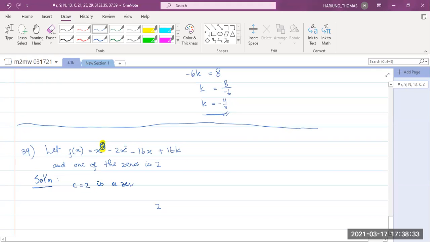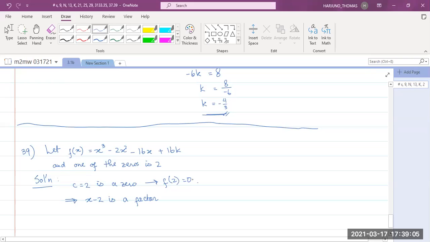Give me a second. Let me erase that. It's kind of annoying for me. Yeah, if 2 is a zero, that implies from the factor theorem, x minus 2 is a factor. Now 2 is a zero means f(2) equals 0.